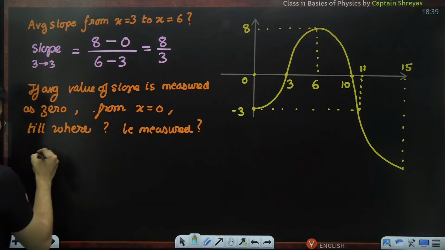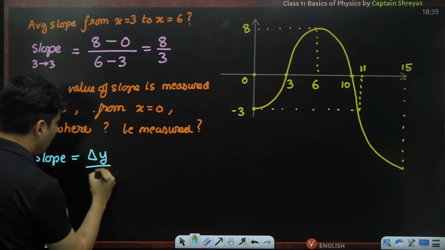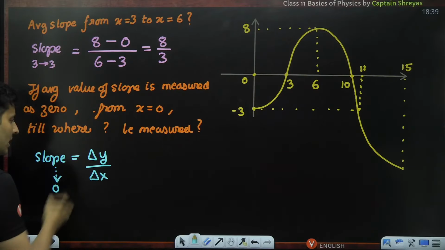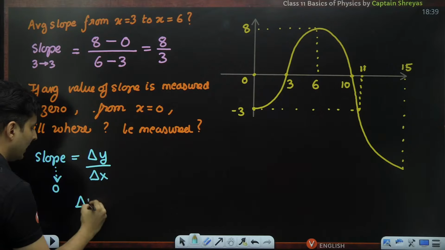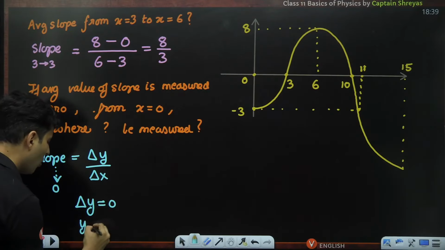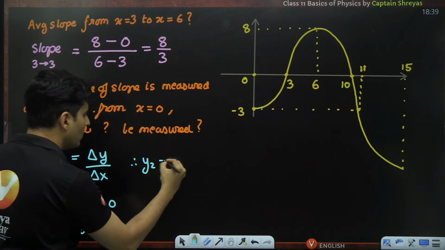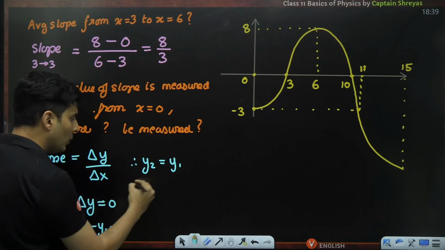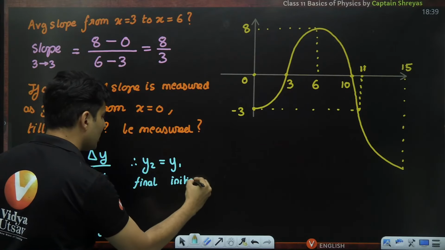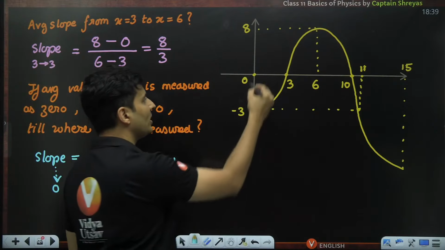So from x equals to 0, where should you measure it so that the average value will be 0? Slope in general is nothing but change in y upon change in x. But it is clearly mentioned my slope is 0. If slope is 0, that means what? The numerator delta y should be 0. That means y2 minus y1 should be 0. That means the y2 value should be same as y1 value. That means the final y coordinate should be same as the initial y coordinate. So what was the original y coordinate when x was 0?